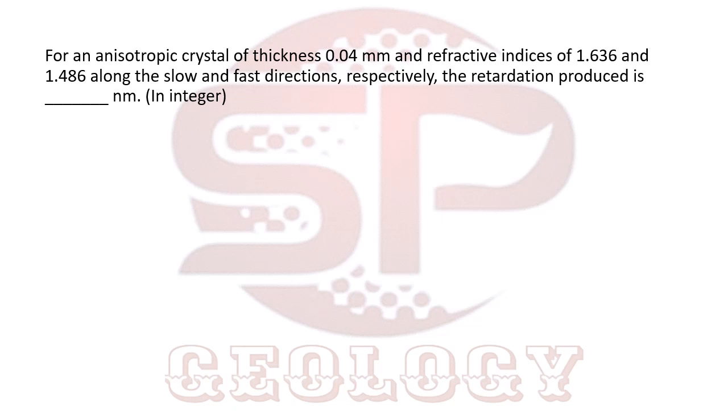For an anisotropic crystal, the thickness is given as 0.04 mm. The refractive indices N1 is given as 1.636 and N2 is given as 1.486.